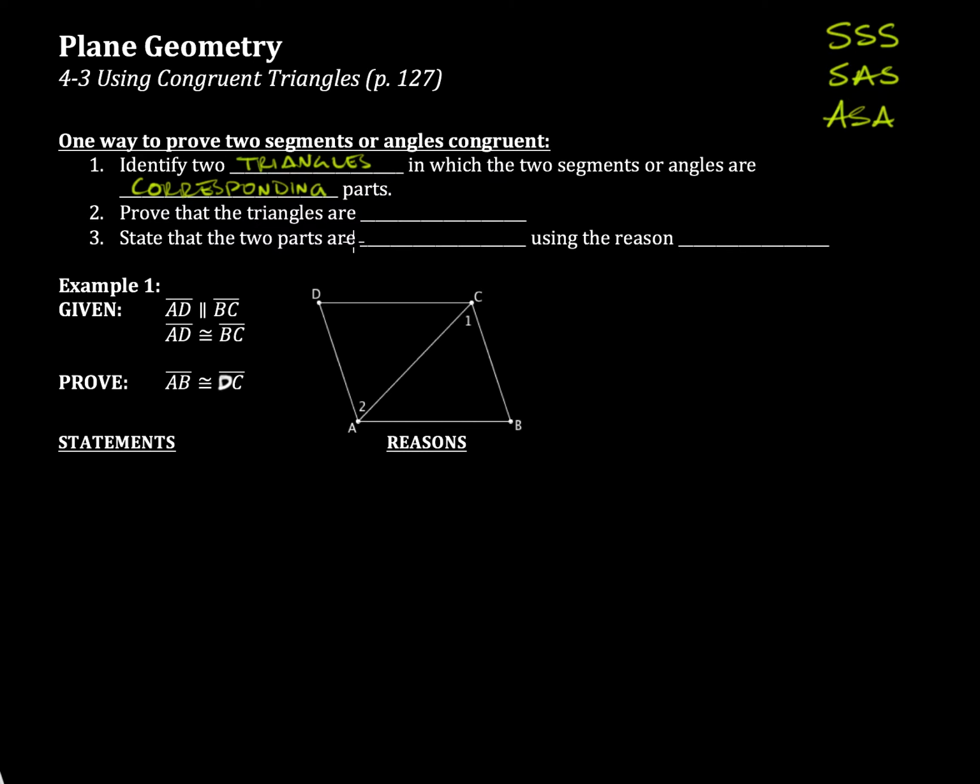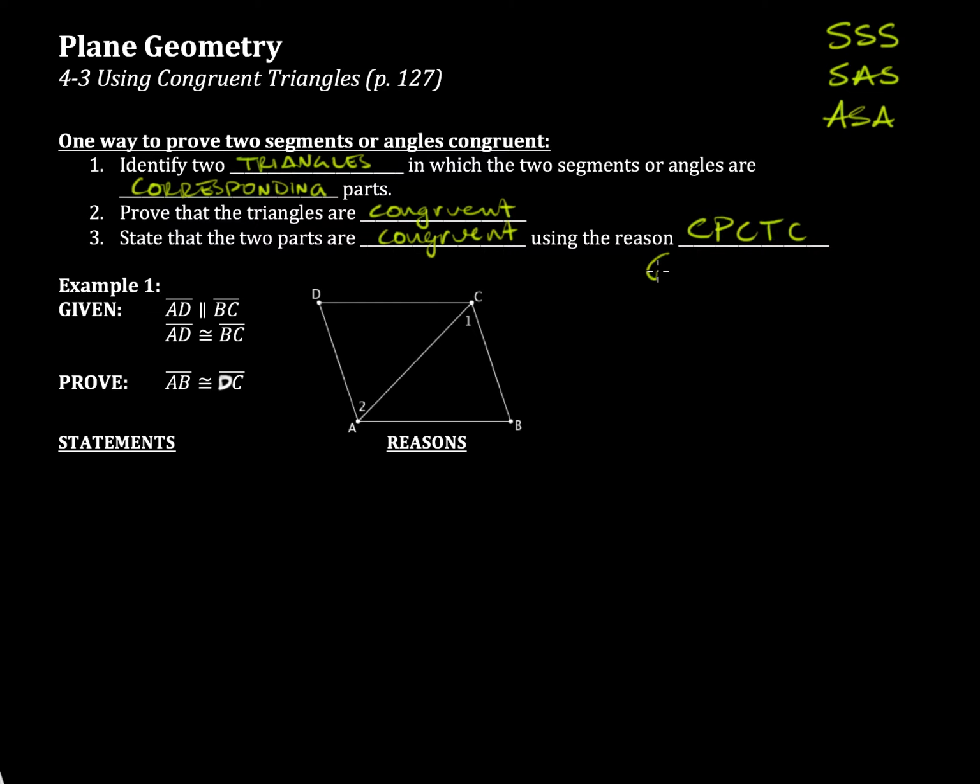The next thing we're going to try and do is prove that the triangles are congruent. And the reason why we want to do that is because once we prove that the triangles are congruent, we can state that these two segments are congruent, because by the definition of congruent triangles, all the corresponding parts are congruent. And the reason that we're going to end up using, and you're going to hear this a lot, so it might sound a little bit weird right now, is called CPCTC.